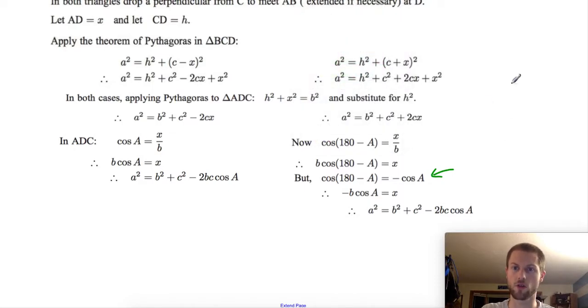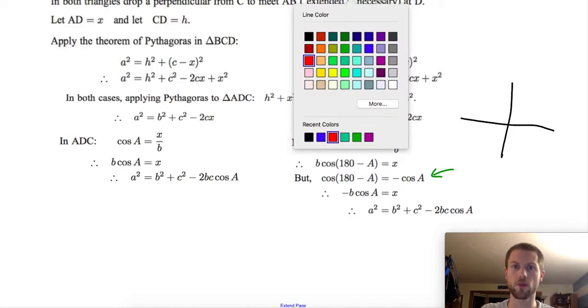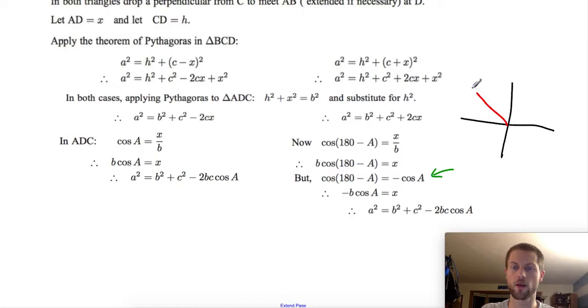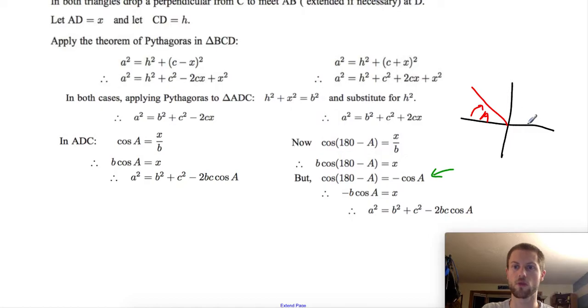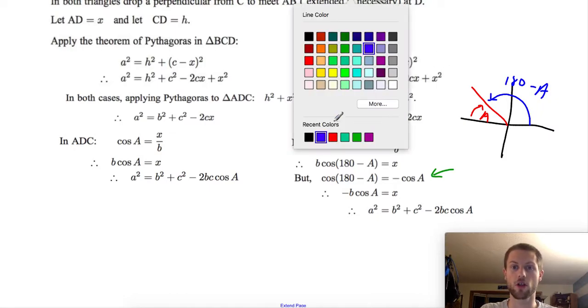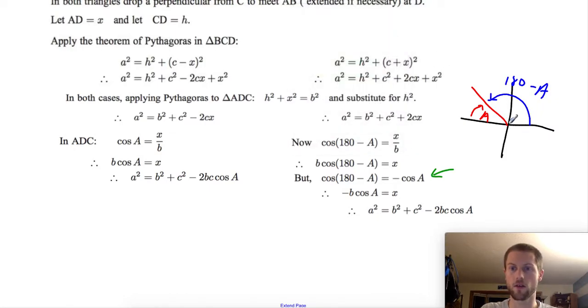If you think about your unit circle, I've got some angle over here in my second quadrant. This would be my obtuse angle, and this angle over here could be A. That's my reference angle. So that means that this entire angle should be equal to 180 minus A. And if you think about the cosine of this angle, the cosine is negative in that second quadrant, and that should look a lot like if I just looked at angle A in the first quadrant.